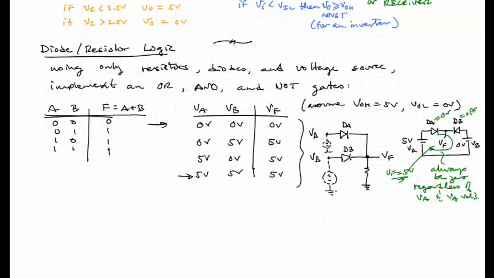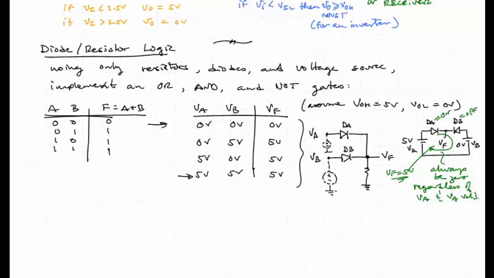If we were to reverse this, and we now had VB equal to 5 volts and VA 0, then it would be diode B that would be on, but again, VF would be 5 volts. And lastly, if both VA and VB were 5 volts, then there's 0 volts across both diodes, and so the voltage VF is also 5 volts.